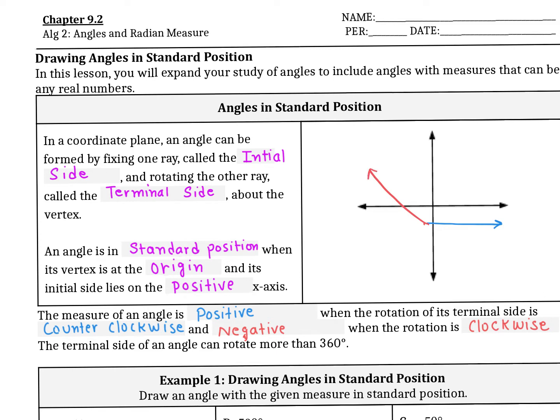So, initial side, terminal side. These two rays, these two lines, what the angle they make is called the vertex. So the angle is in between.